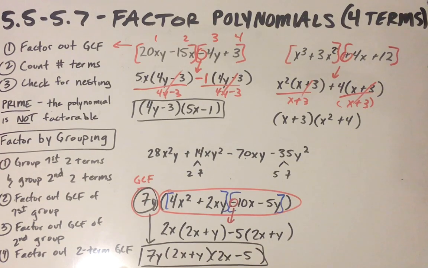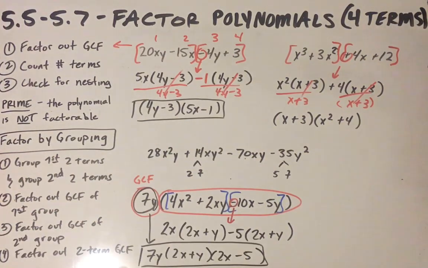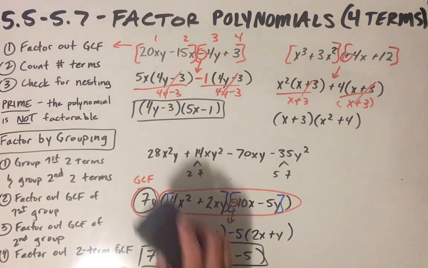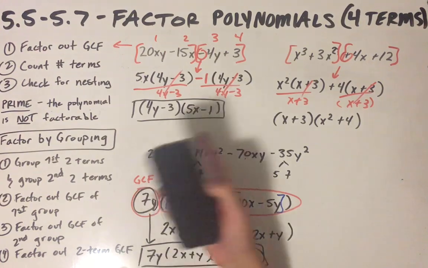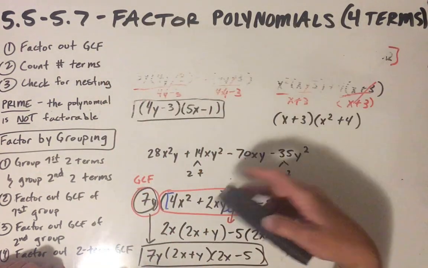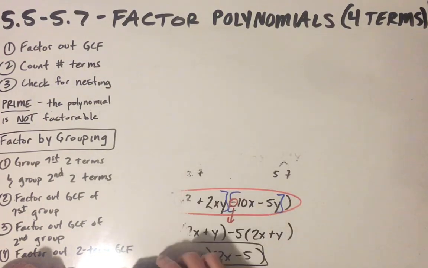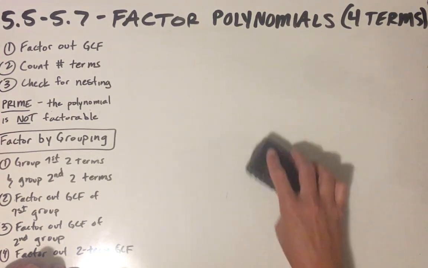I want to give one more example here in this section on 4-term polynomials. So all of these, obviously we could do all of these steps and we could factor these. This one had a GCF as well. So what would another possibility be?